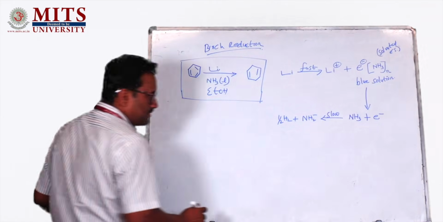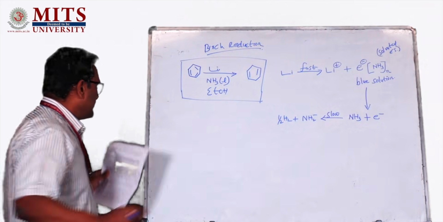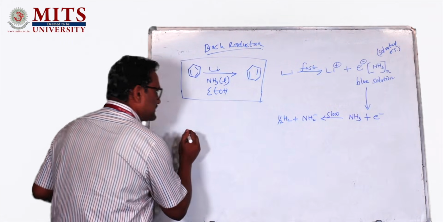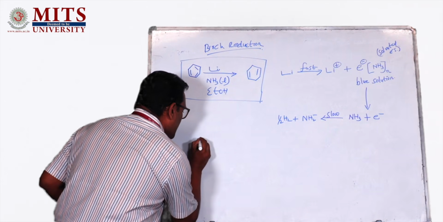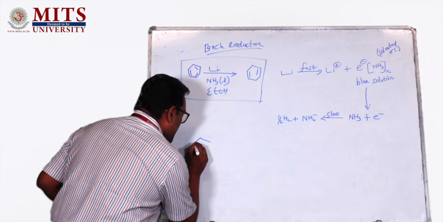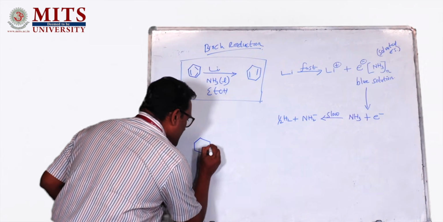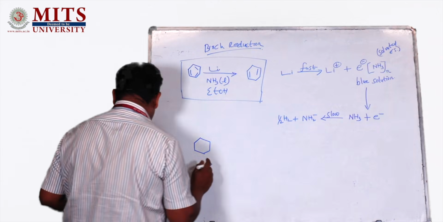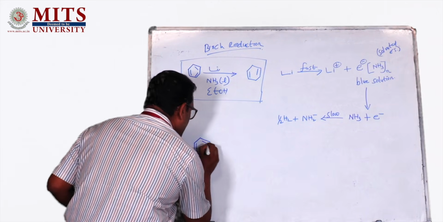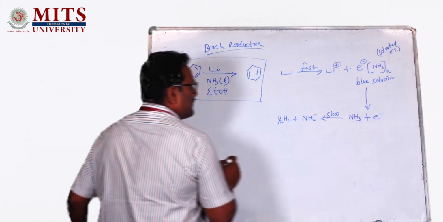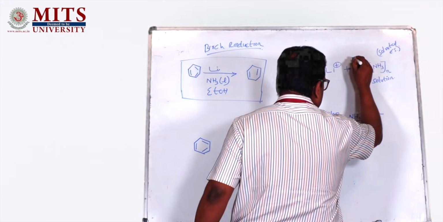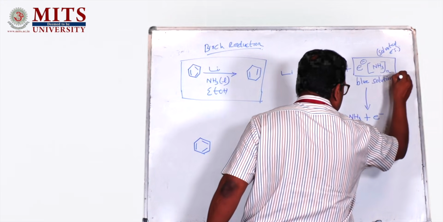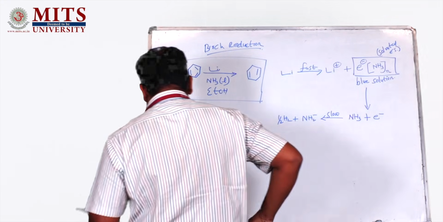Let me explain the mechanism with benzene. What will happen? These are solvated electrons, very important to reduce a benzene ring.